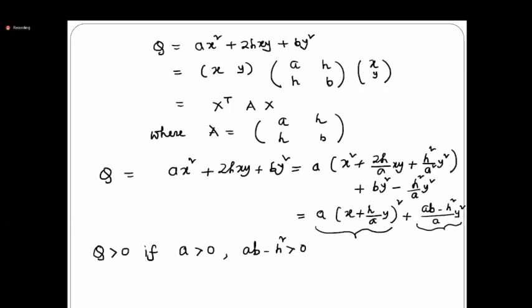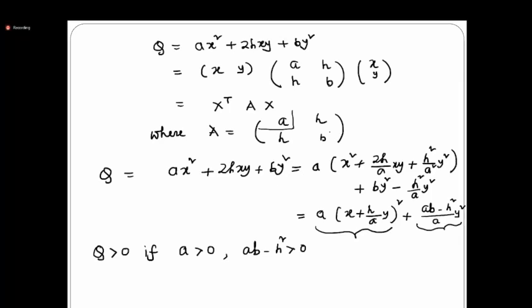Yes, sir. Now the second part, very important: how will this connect with the terms of matrix A? You can see that a, b, h are the terms coming from the matrix. Now, what is a? A is this part.